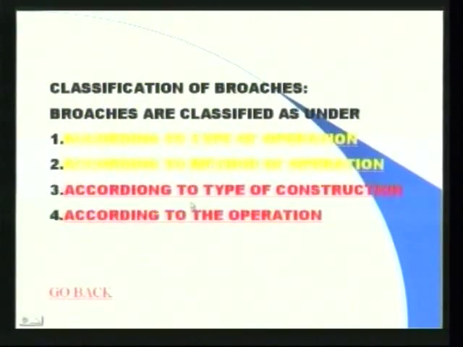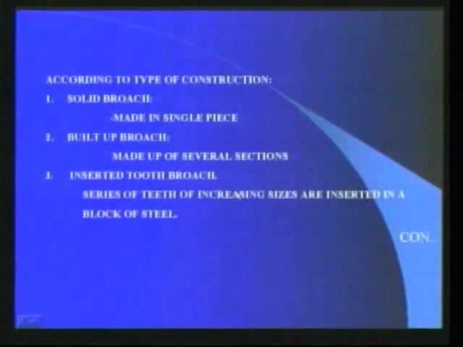Now let us shift our discussion to the classification of broaches by type of construction. According to type of construction, they are classified as solid broaches, built up broaches, and inserted tooth broaches. A solid broach is made in a single piece, but a built up broach is made up of several sections.